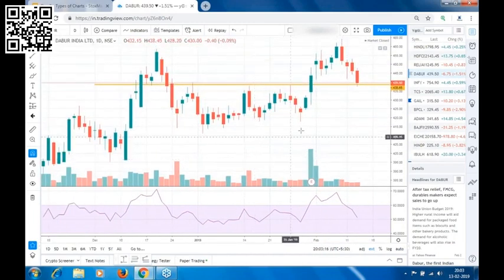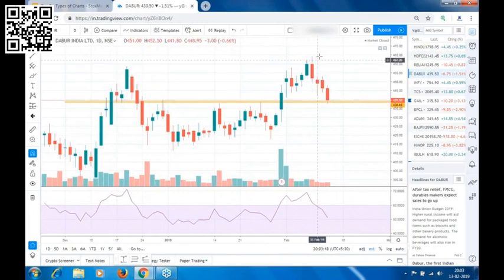That means that there is a price rejection going on. In this also there is a long wick, which means that the bears are not willing to take the prices high, they are pushing the prices down. So that means that something is going to happen in the stock.